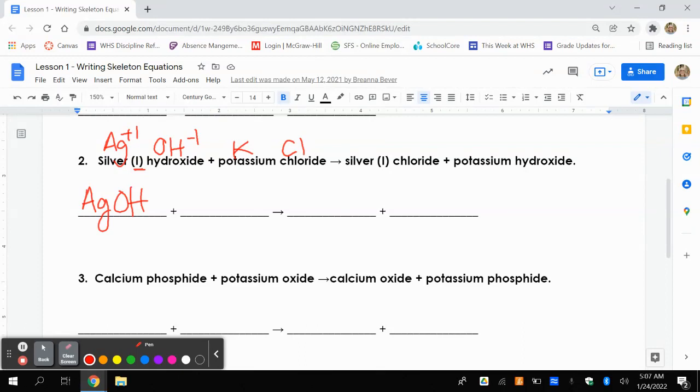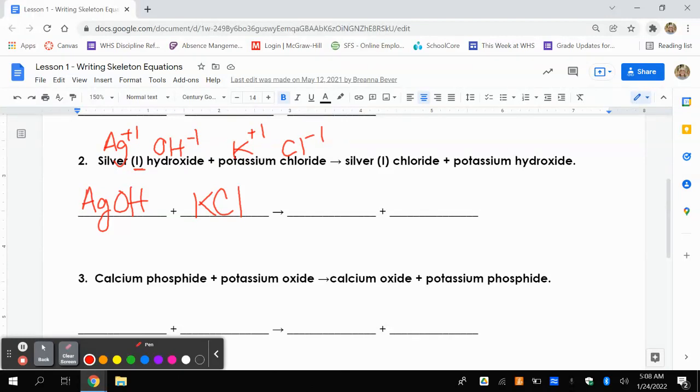So potassium has a +1 charge and chloride has a -1 charge. We're balancing it. It's already balanced like we said with the first one. So we have potassium K and chloride Cl. Those are the reactants, the two things that react together.